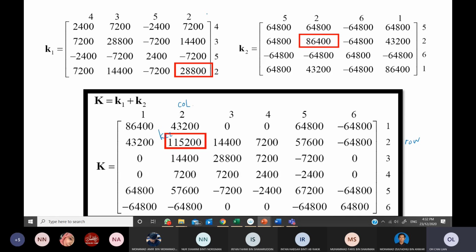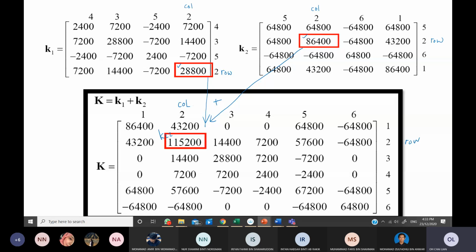Therefore for K1, I am referring to column 2 and row 2. So I take note of this figure to add, 0, 0. Then I go to K2 and search whether it has column number 2 and row number 2. Yes, I also find it. And I take note of this as 6,400. So to get my structure stiffness matrix element K22, I just sum this one with this one.